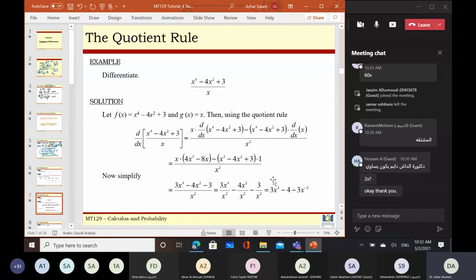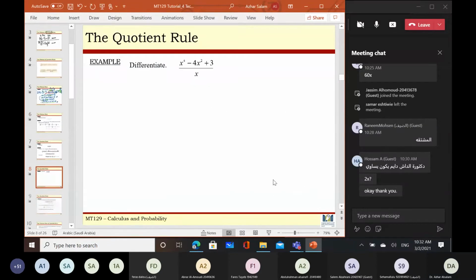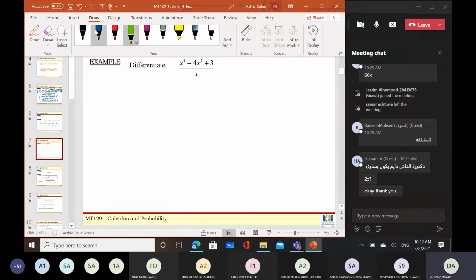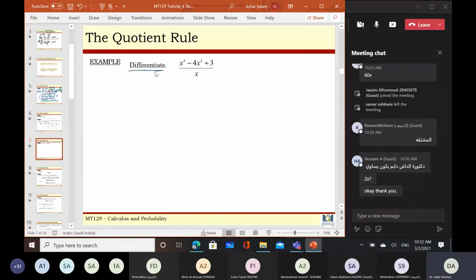Okay, now for the quotient. Okay, this is the quotient rule. رح ناخذ مثال على عملية القسمة. The quotient rule. The question is to differentiate or find the derivative of this function.